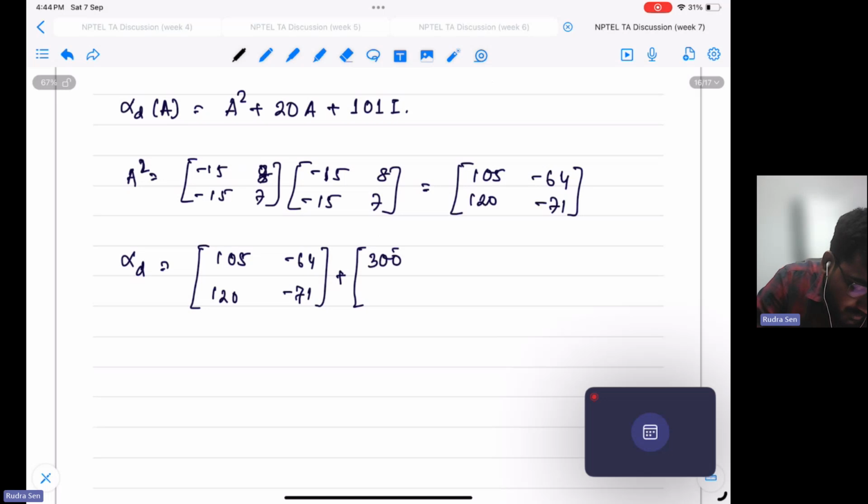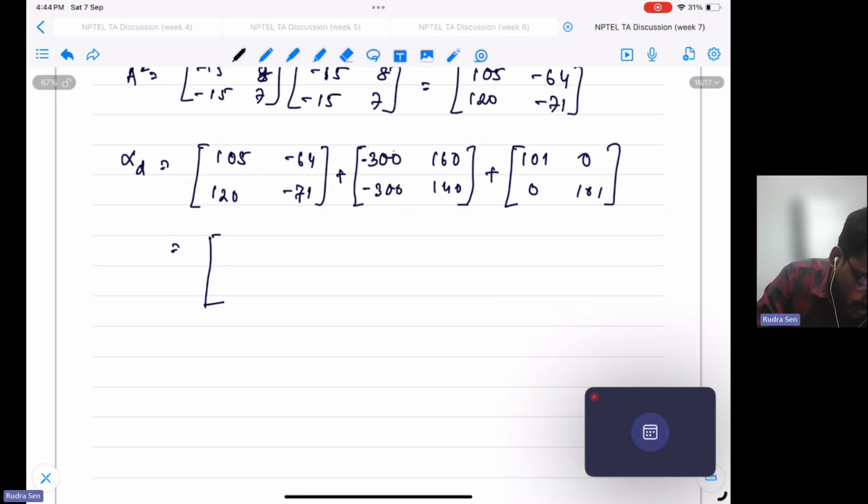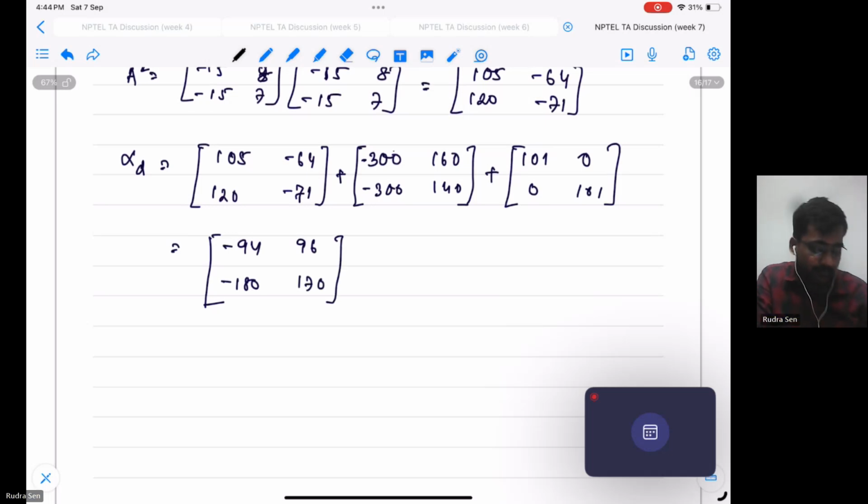It's minus 300, 160, 140. This is 101 0 0 101. What is the answer? Answer is minus 94, minus 180, minus 8 plus 96, 170.